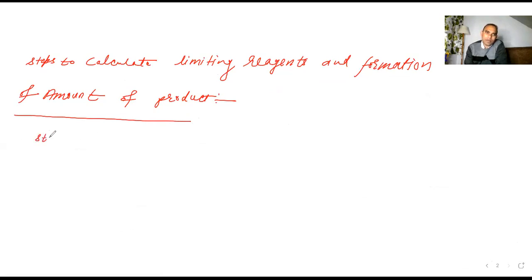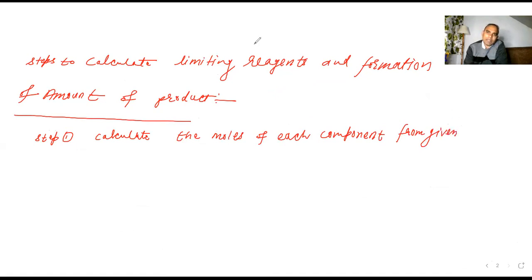Step number one, they are saying calculate the moles of each component from given mass.